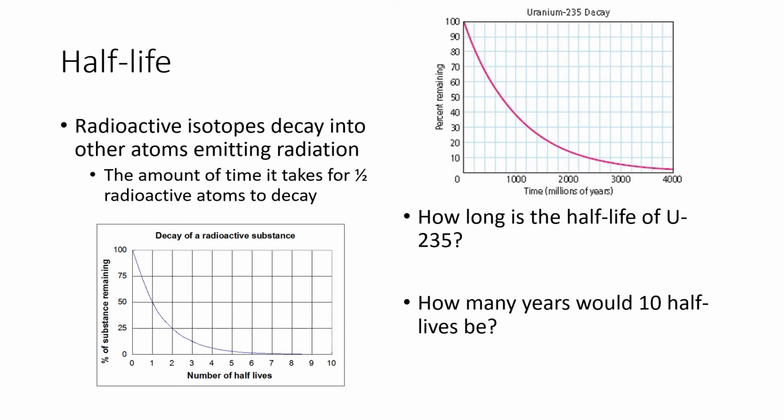It's really important when we talk about radioactive material, we also talk about half-life. And so any radioactive isotope decays, meaning that if it's radioactive, it's going to break down and emit radiation. And the time it takes for half of it to decay is called a half-life.